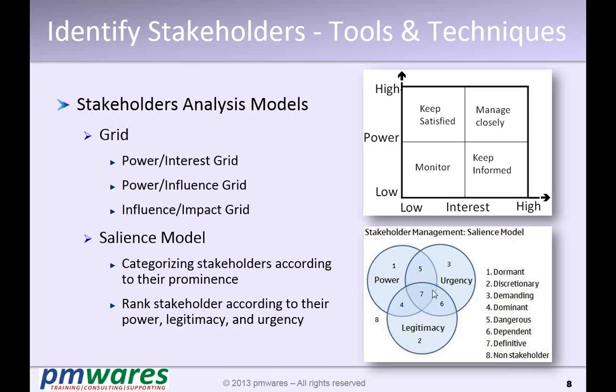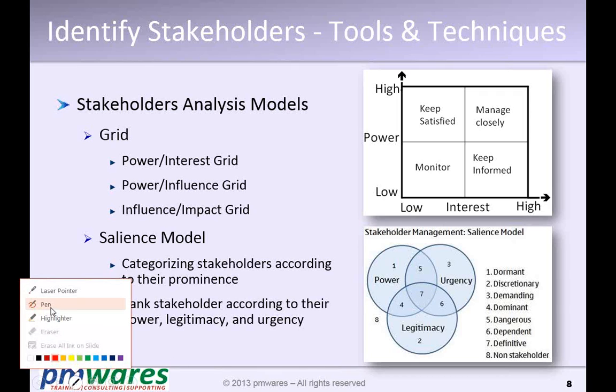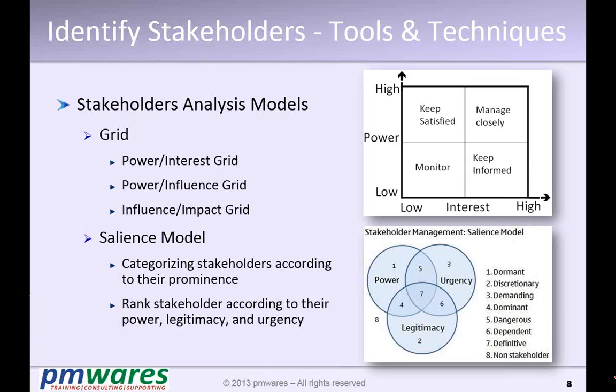Mainly there are three categories in which stakeholders are categorized. The first is the person who has an urgent need of the output from the project, looking for something urgently.